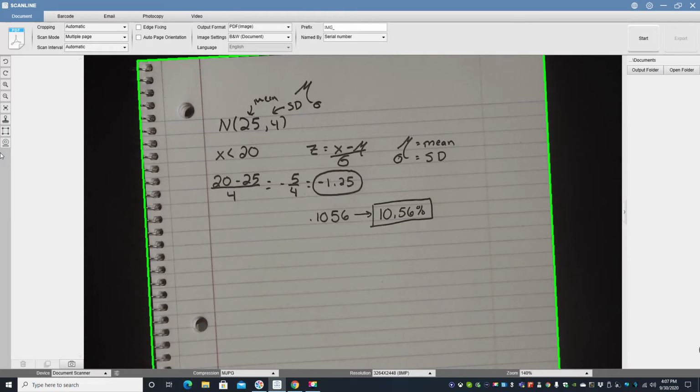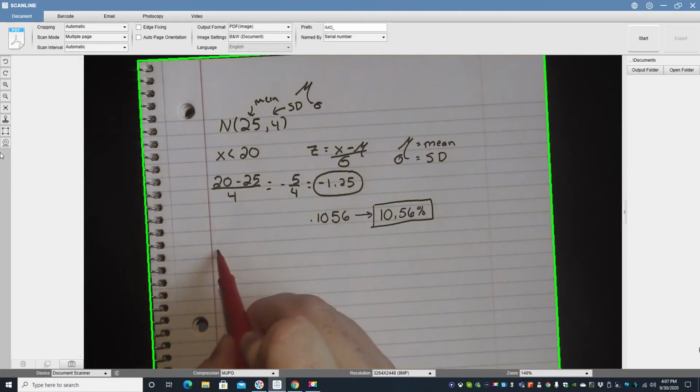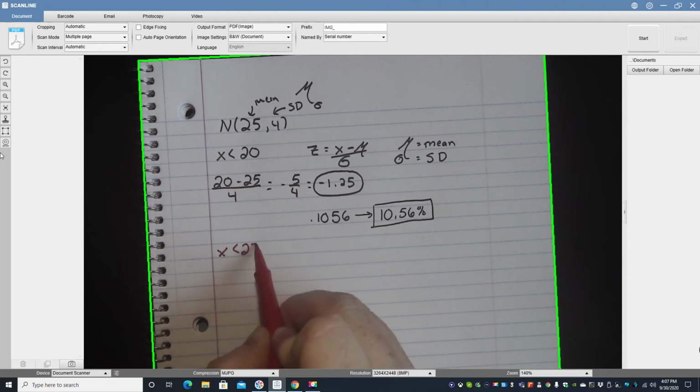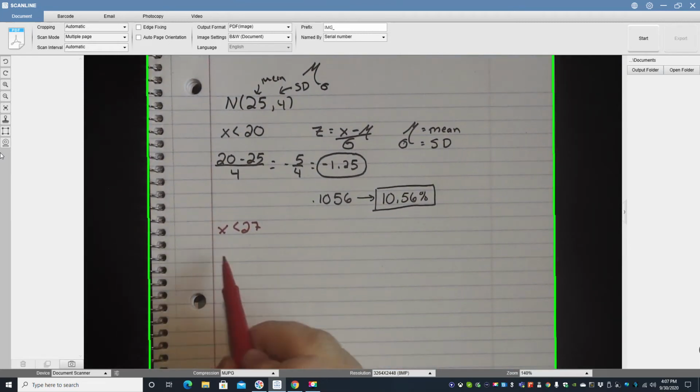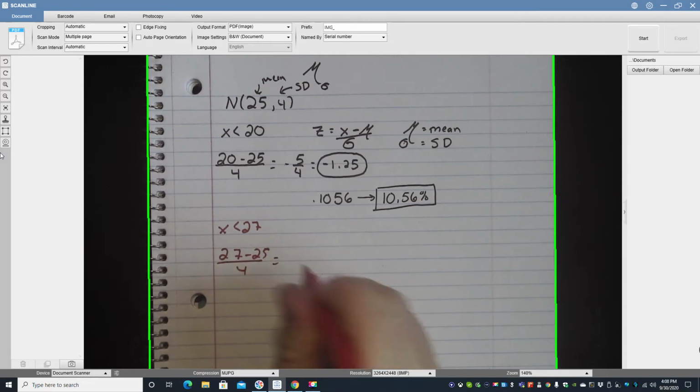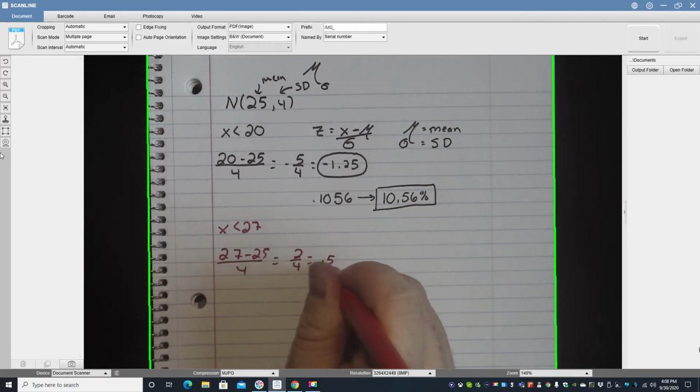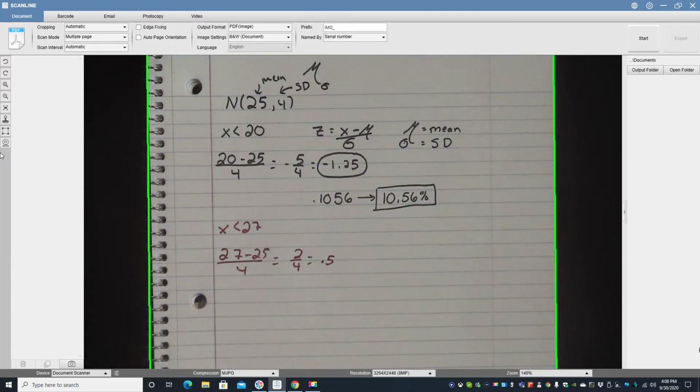Okay, so let's say I want to do less than 27. Well, I do the exact same thing. X is less than 27, so I'm going to do 27 minus 25 over 4. That gives me 2 over 4, which is 0.5.